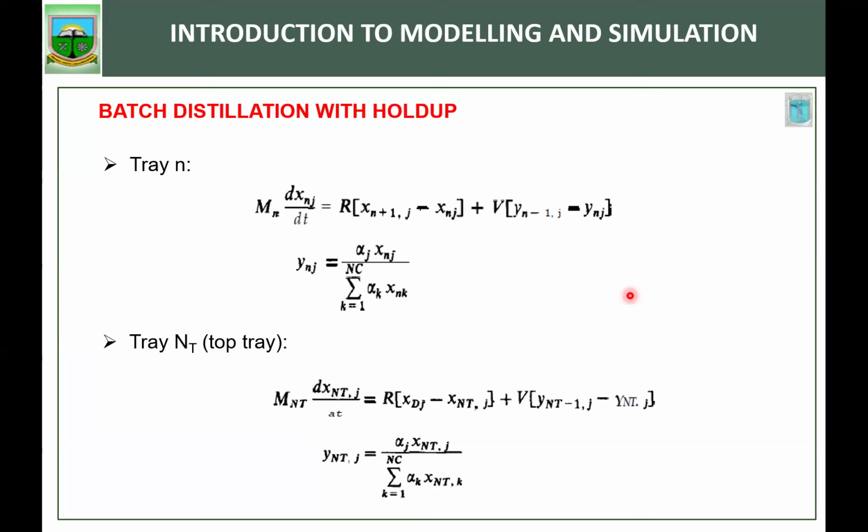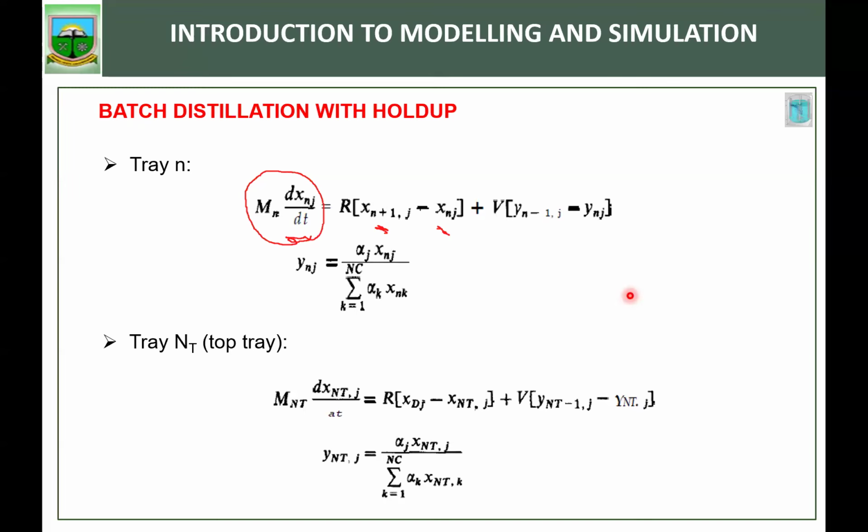For the tray, the mass of any component will be equal to the reflux coming in and the amount leaving the tray, and then the vapor phase going out, which is the vapor leaving the tray.